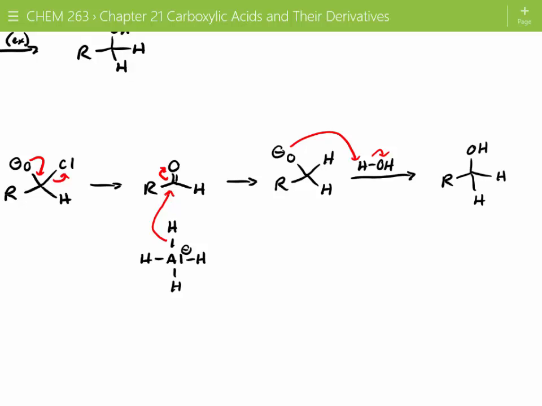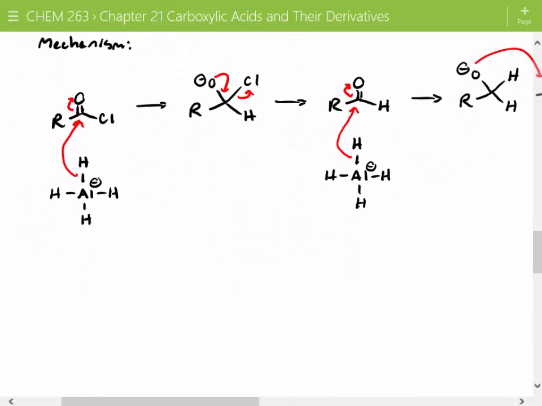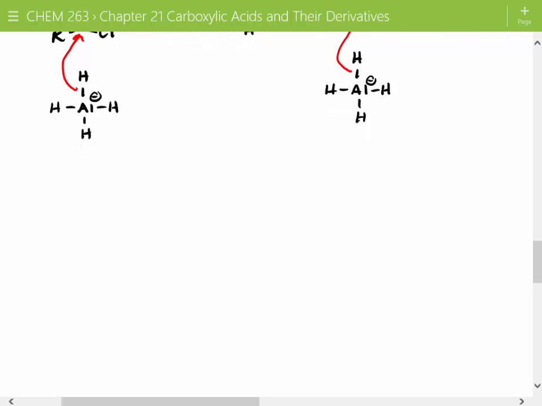What's another thing we can do? What if we just bulk it up? If it's really, really bulky, it's going to have a hard time approaching and it will slow the reaction down considerably. So what they found was that's actually a great strategy. And we can use a really, really bulky hydride source to get around this.